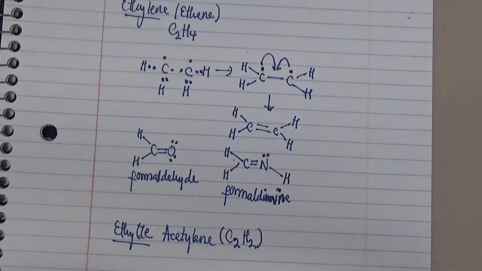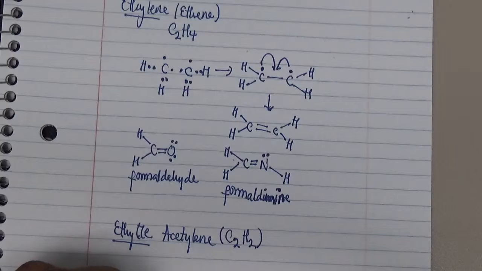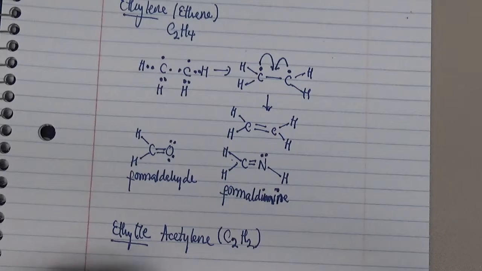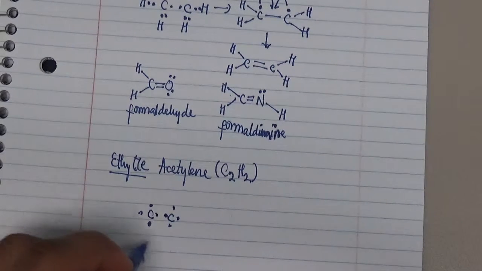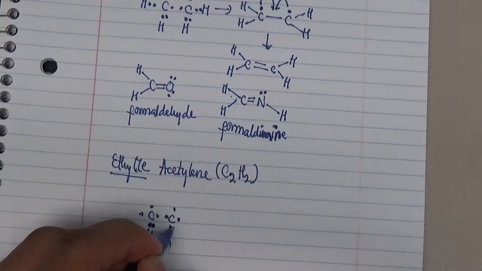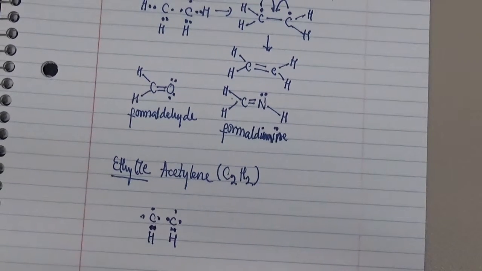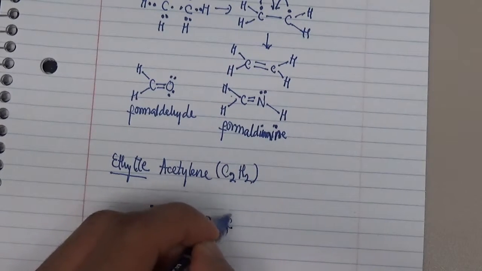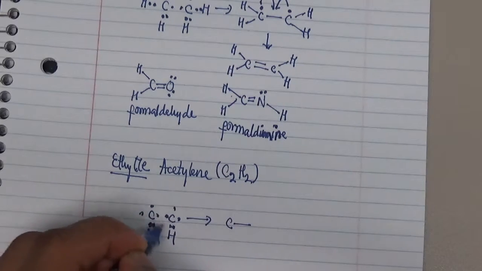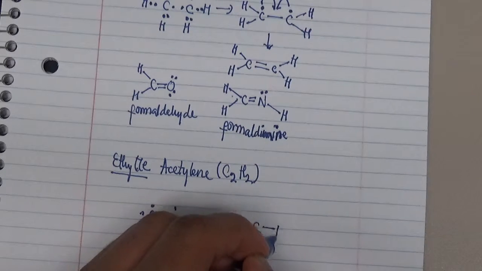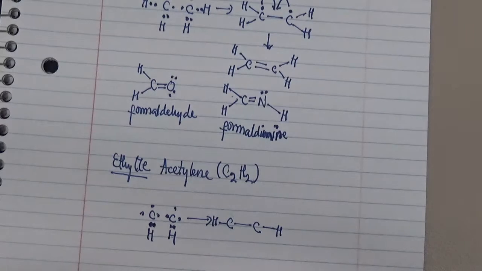If you're trying to draw the Lewis structure, carbon as usual has 4 electrons, and now you're including 2 hydrogens evenly shared between the 2 carbon atoms. Once you introduce dashes, you have a dash between the carbon and carbon, and a dash between each carbon and hydrogen.